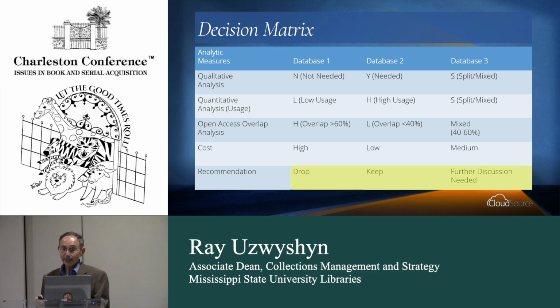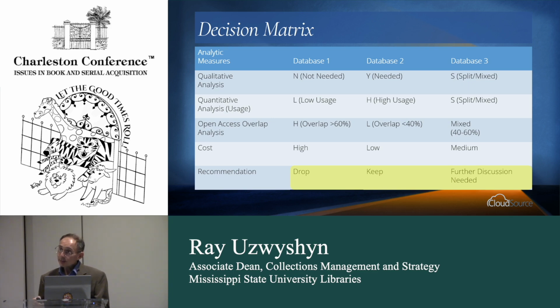Now, this third bucket of databases is where things become more complex and where the decision-making becomes data-informed. That's where the qualitative analysis is split or mixed, with half of the faculty wanting it and half not. It's not really clear. In terms of the quantitative analysis, it also may be split. The usage might still be high, and then it becomes a more complex conversation.